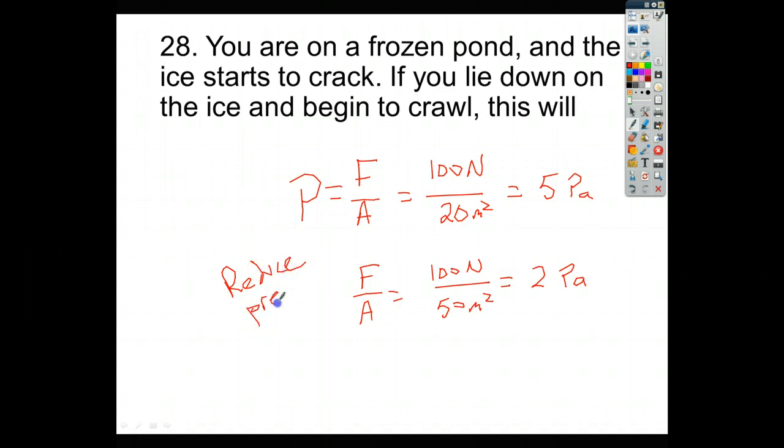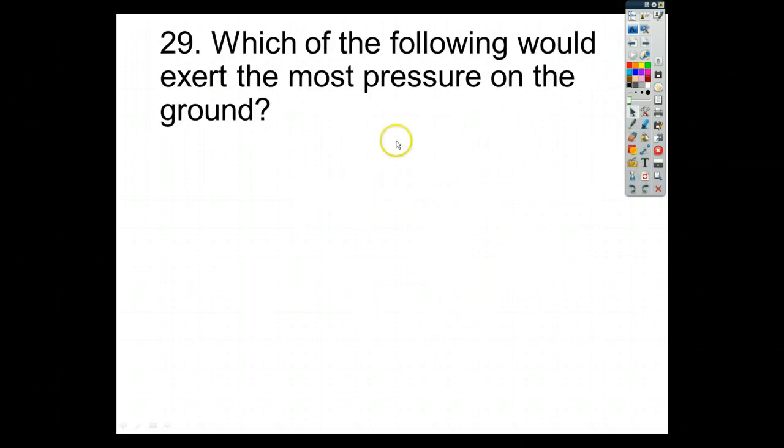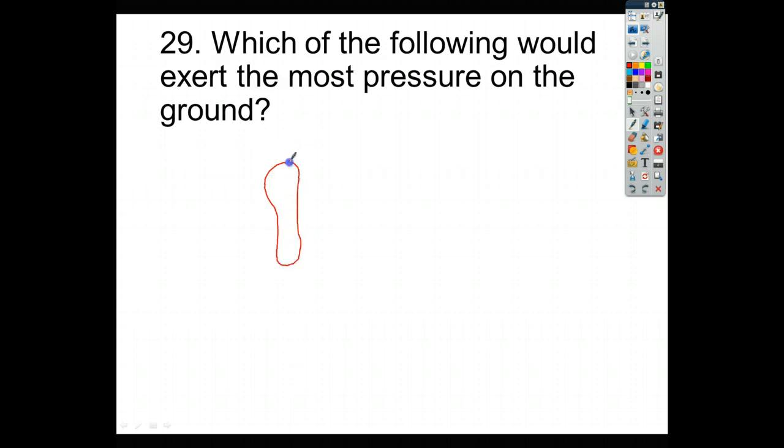So reduce pressure. Number 29. For number 29, it says, which of the following would exert the most pressure on the ground? And when you actually look at this one, it would be a woman standing not in running shoes, because if you think about the bottom, running shoes kind of look like this. They have a lot of area here.